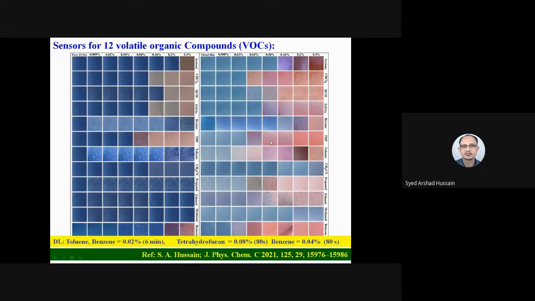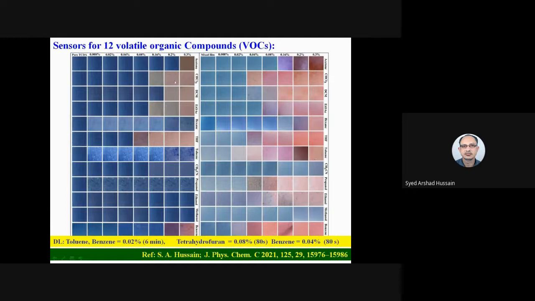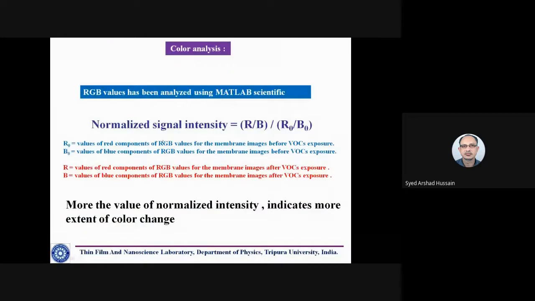So using MATLAB software, we designed a small program and extracted the RGB color from the pixels of the image of these films before the color change, that is, before exposure to the analyte, and after the color change.